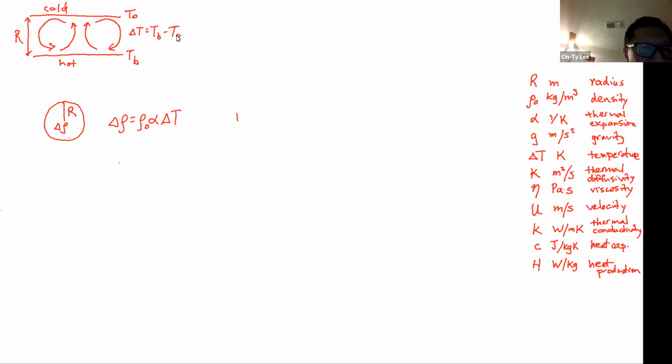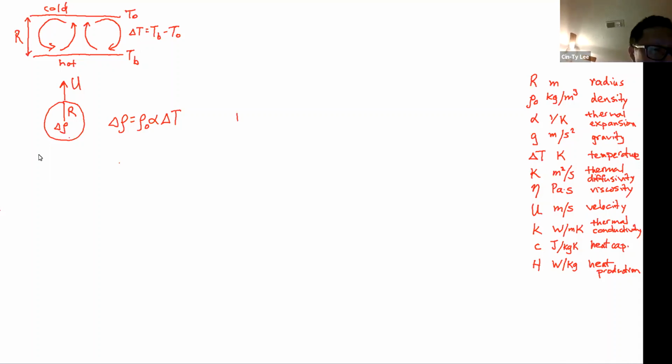In this case, down here, delta T is the temperature of my blob with respect to the temperature of the surroundings. So it's hot, and if it's hot, it wants to rise at some velocity, okay?